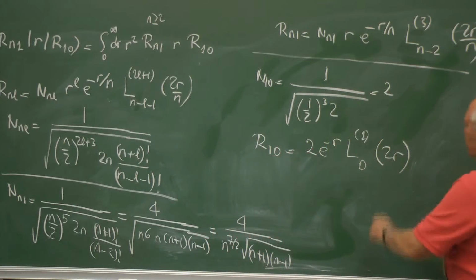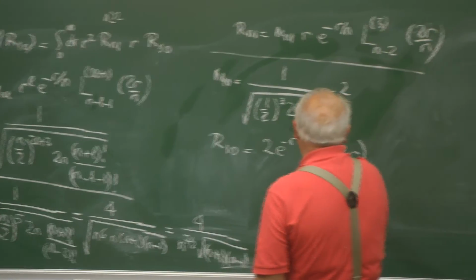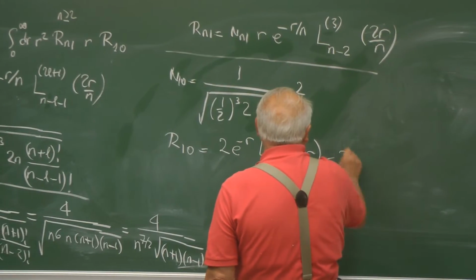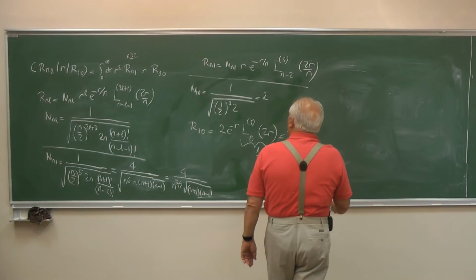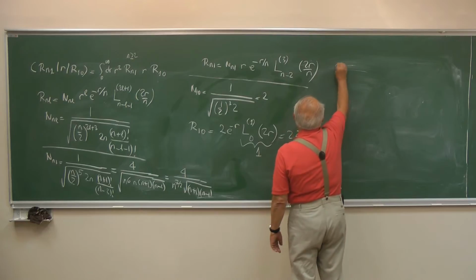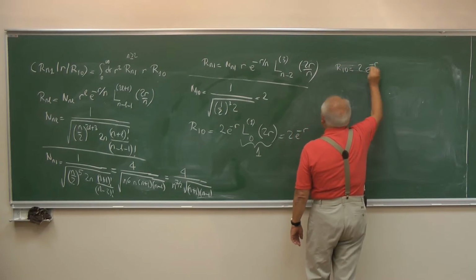We did this before: with 0 this is 1. So it is equal to 2 e to the minus r. So R10 is equal to 2 e to the minus r.